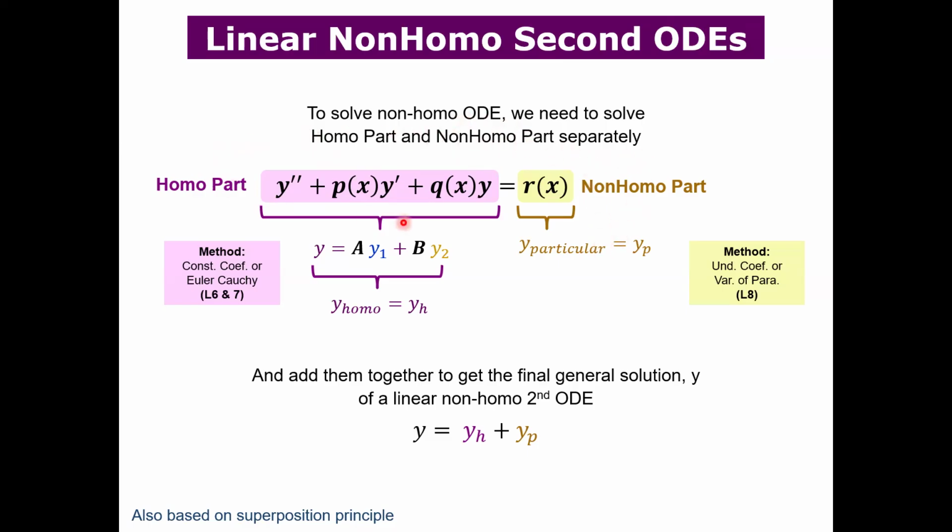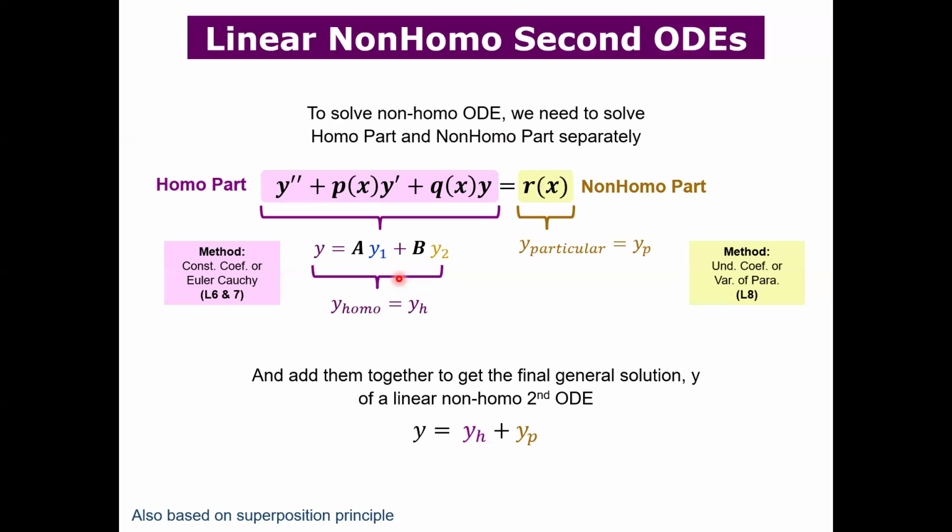If this is an ODE, the left-hand side here, the purple colored equation, is the homogeneous part. So we have to find the general solution, which is equal to AY1 plus BY2.